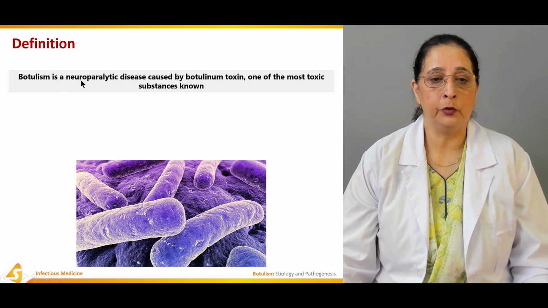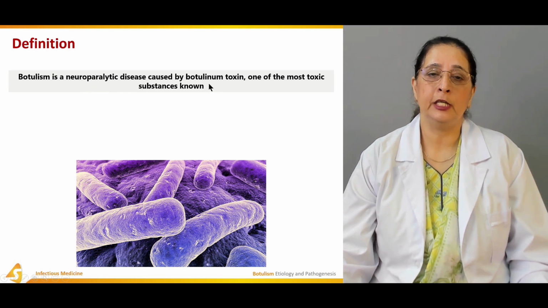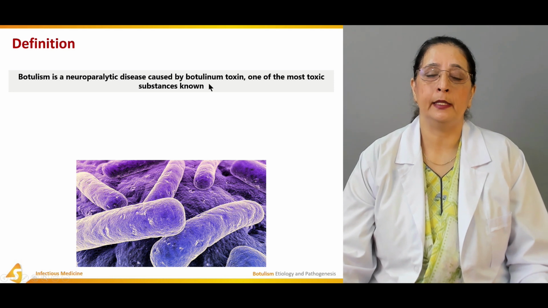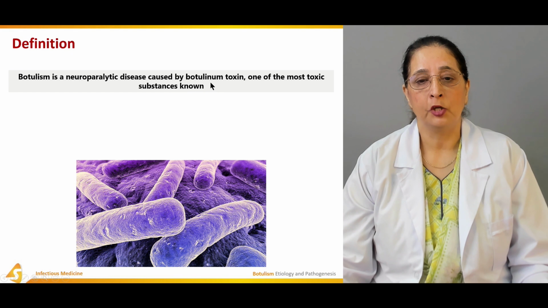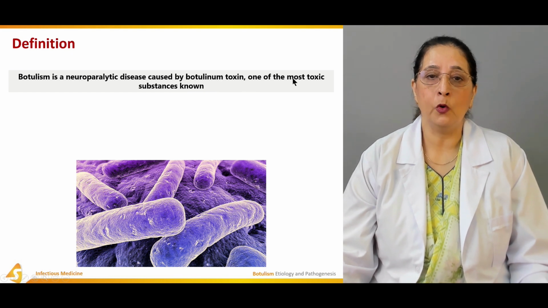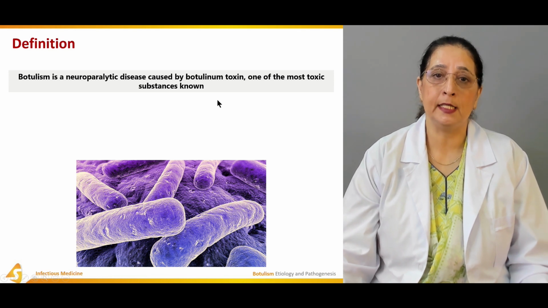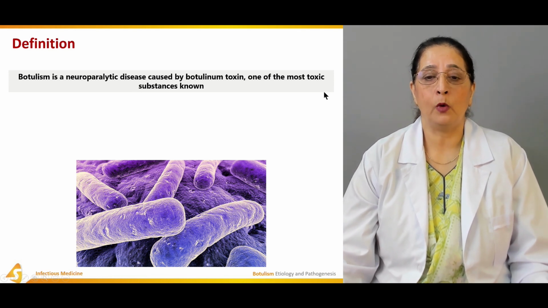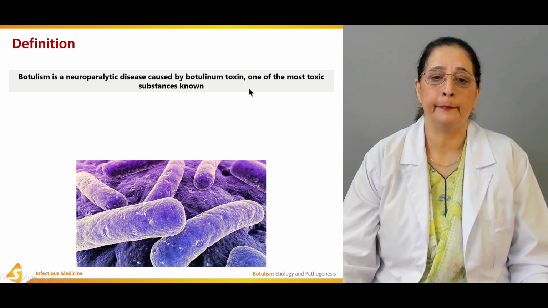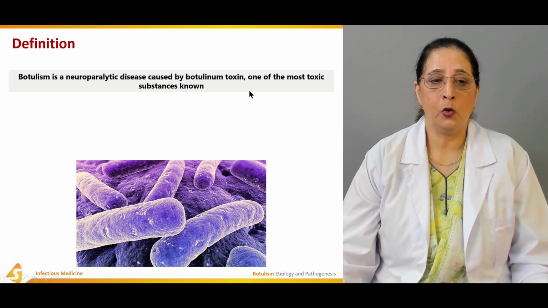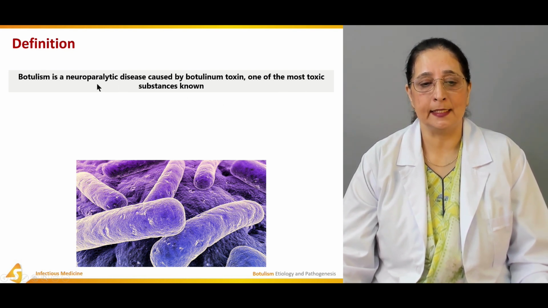It's a neuroparalytic disease caused by the toxin produced by the bacteria, known as the botulinum toxin, one of the most toxic substances known. So it's a very serious condition.